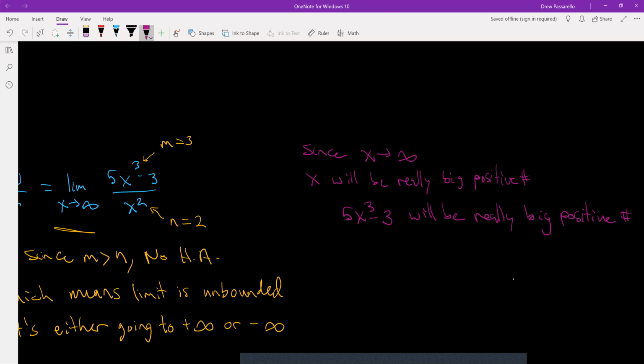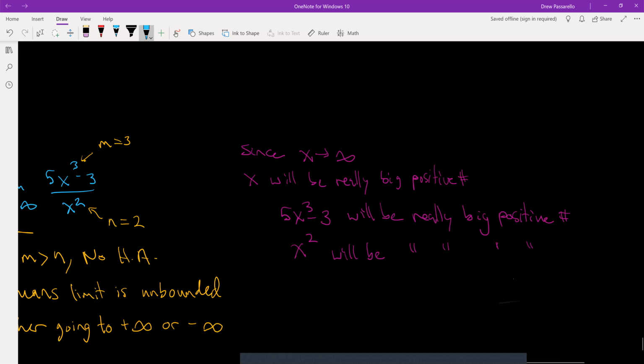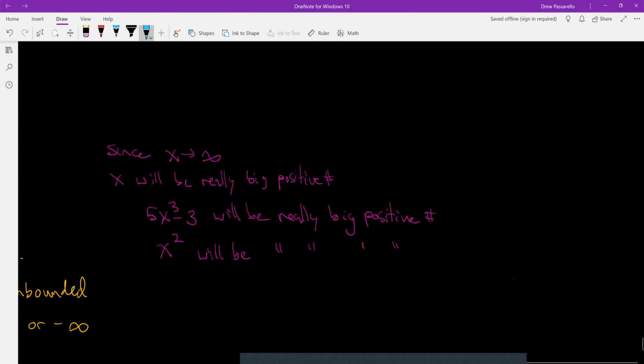The denominator is x squared, so that's also going to be a really big positive number. And so you're having a positive number divided by a positive number, which is going to be another positive number.